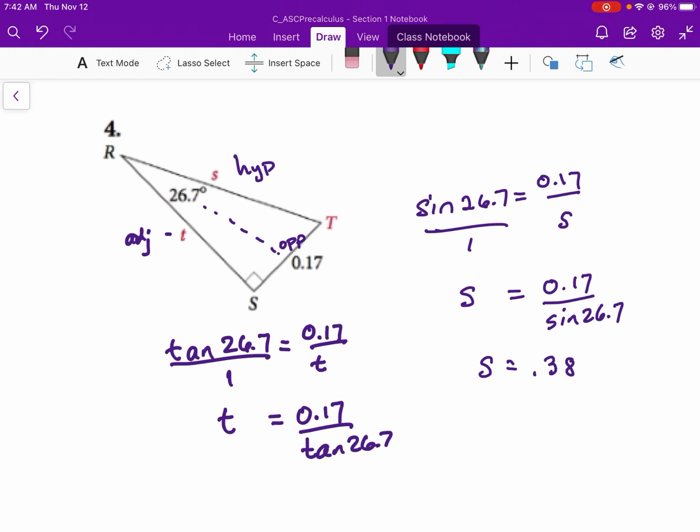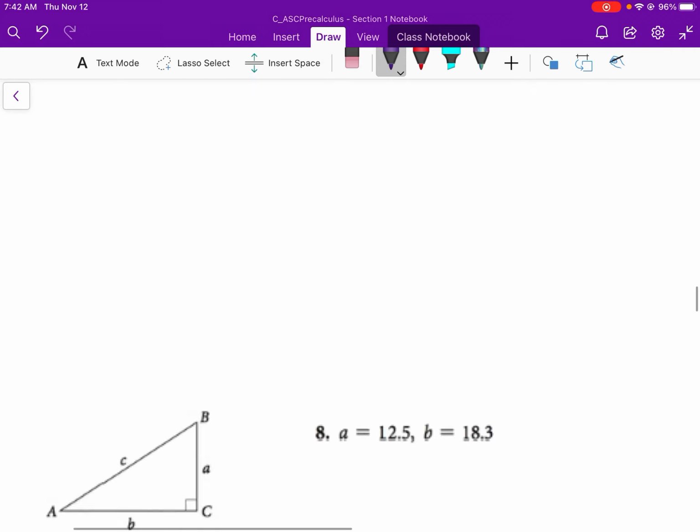On my calculator, t is equal to 0.34. Now, always make sure that your hypotenuse is the longest, because that always has to be the case. So 0.38 is indeed longer than 0.34 or 0.17.